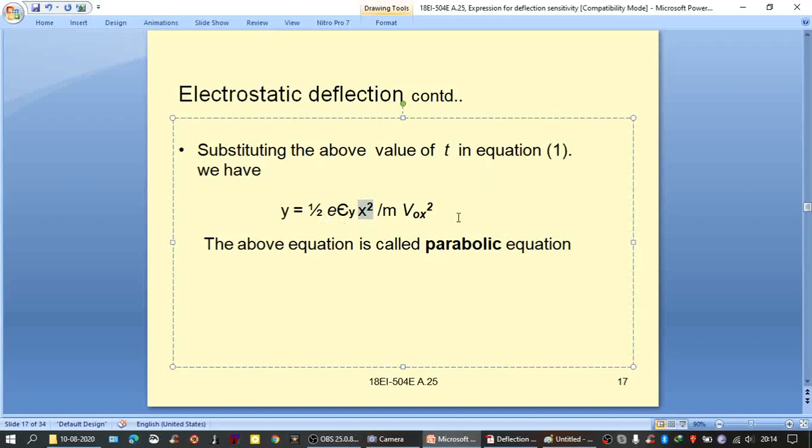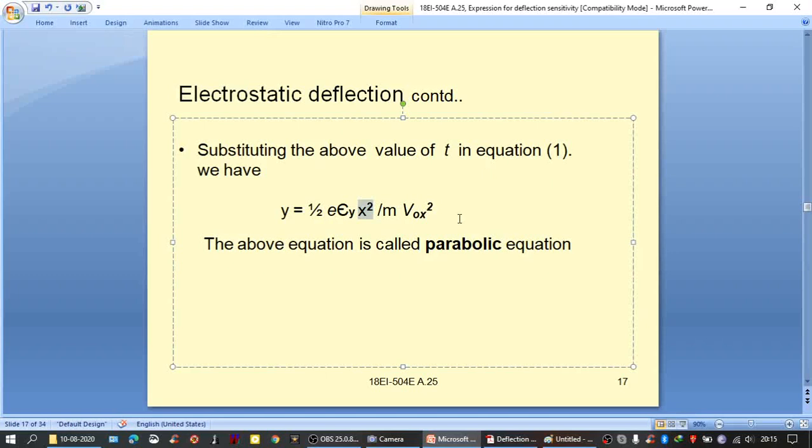So you can write d by dx of y is equal to 1 by 2 E Ey by m V0 square into d by dx of x square.